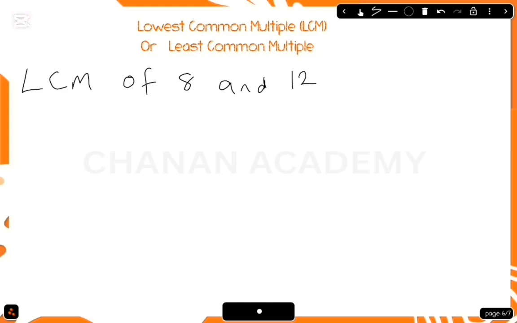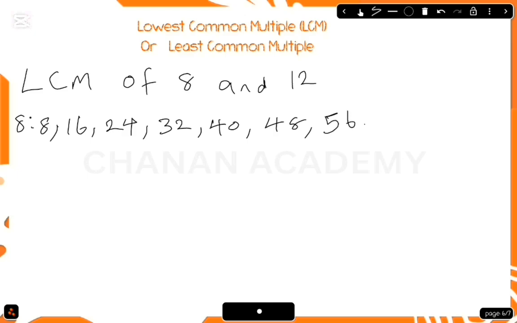So the multiples of 8, we have 8, 16, 24, 32, 40, 48, 56, 64, and so on.